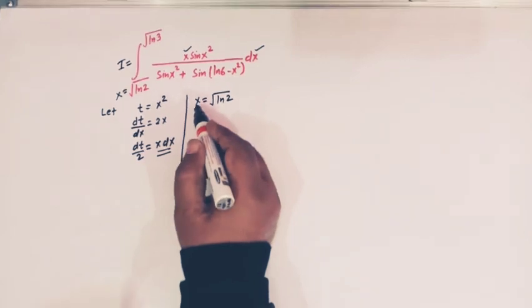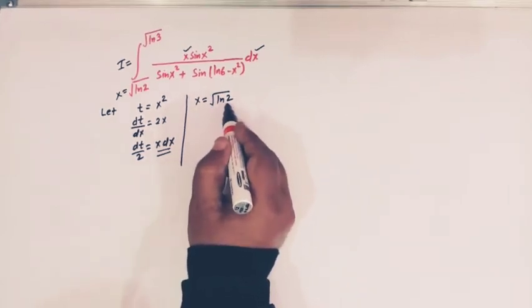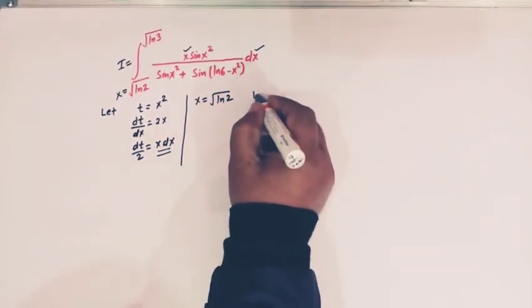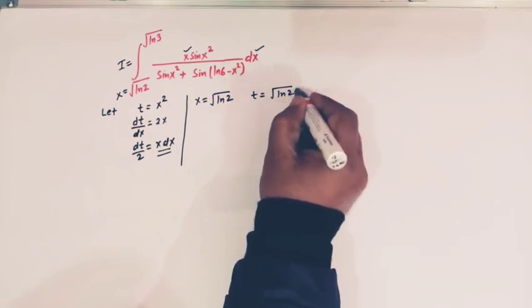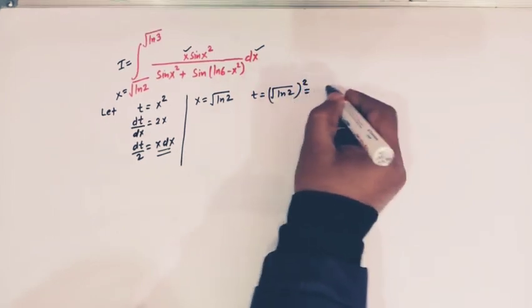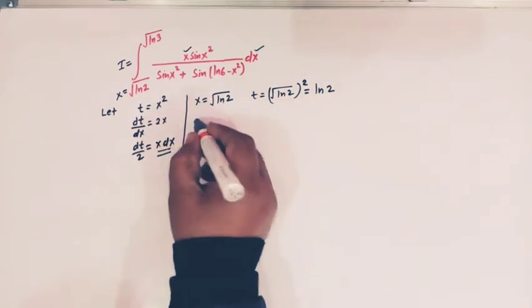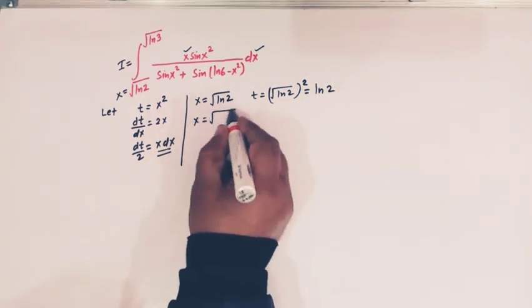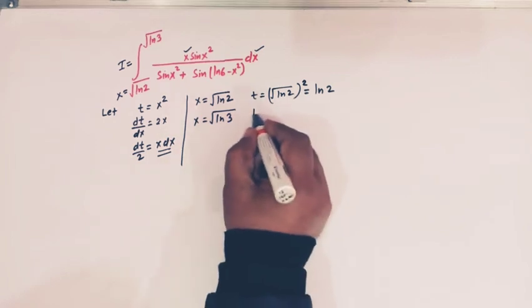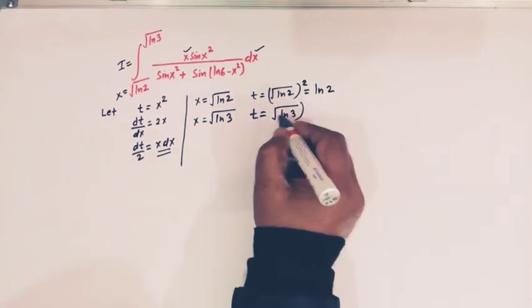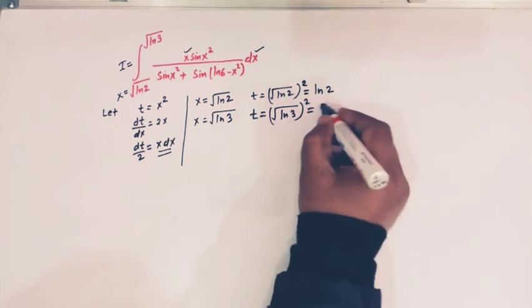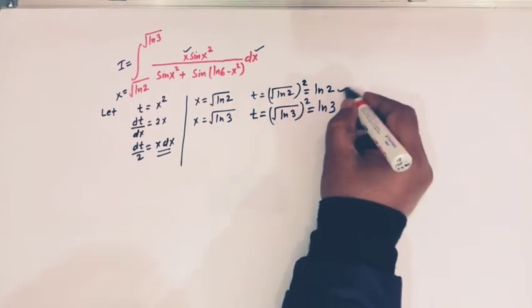When x is √(ln 2), then t is (√(ln 2))², that is ln 2. And when x is √(ln 3), then t is (√(ln 3))², that is ln 3.